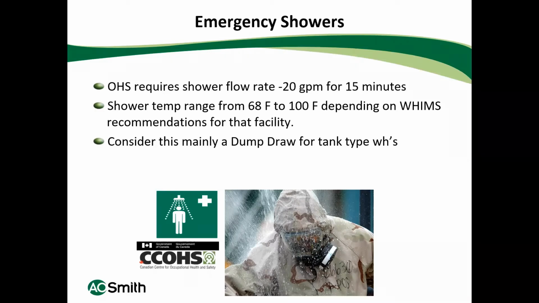It will be different for all different facilities, because one place may be dealing with toluenes or something, where somebody could be contaminated, and WMIS will recommend the appropriate temperature for that particular type of contamination.